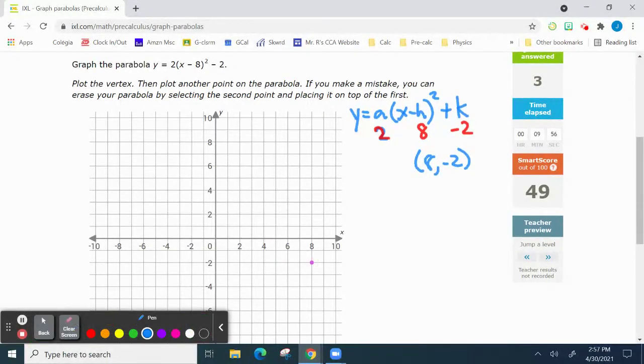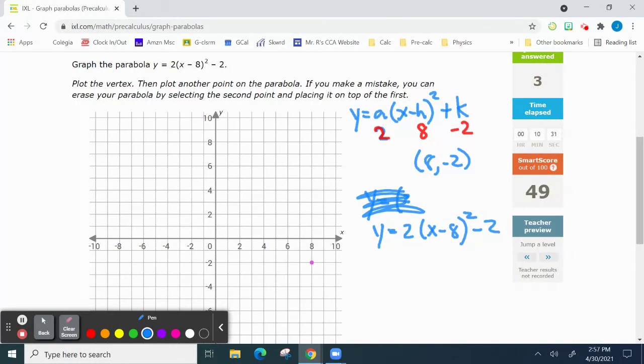And then we're going to write the equation and then pick an x that looks good to us. Oops, I have not found the eraser on this thing. I only have a clear screen button, so we'll just do that. y equals 2 times x minus 8 squared minus 2. Now, what would be a convenient x to pick? If I was picking x, I would pick 9.